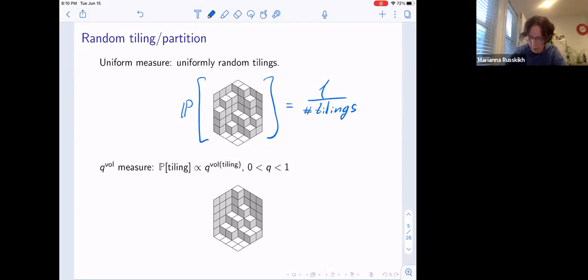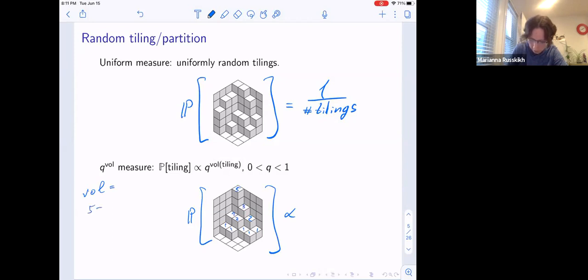Where we say that the probability of a given tiling is proportional to Q to the volume of this tiling, where the volume is just the number of cubes in terms of this unit cube interpretation. So in this case, for this picture, what do we have here is 1, 2, 2, 2, 3, and 5.